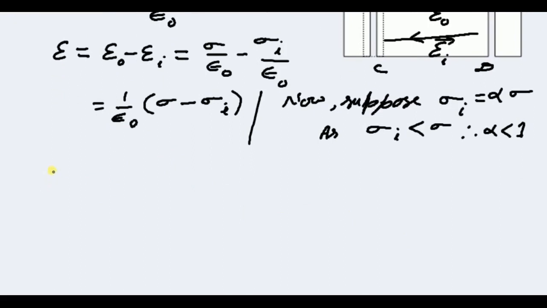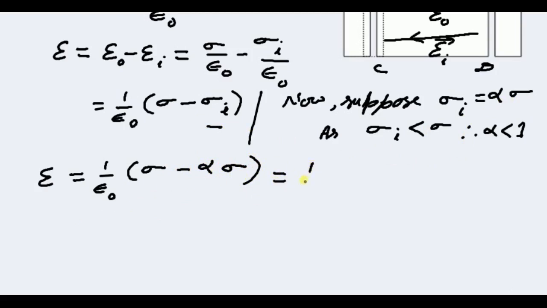So we can write E as 1 upon epsilon naught into sigma minus alpha sigma, as the value of sigma I is alpha sigma. You get 1 upon epsilon naught, take common sigma, 1 minus alpha.